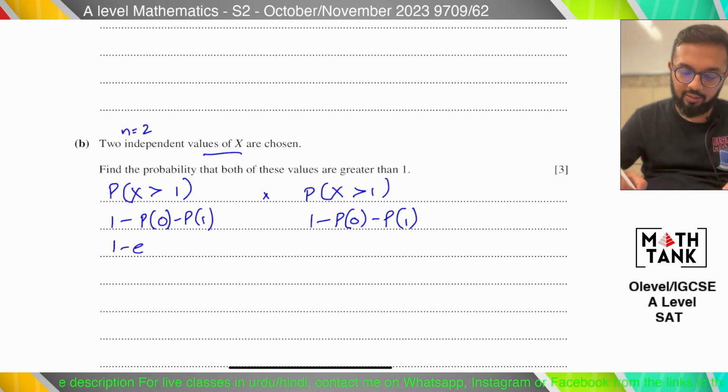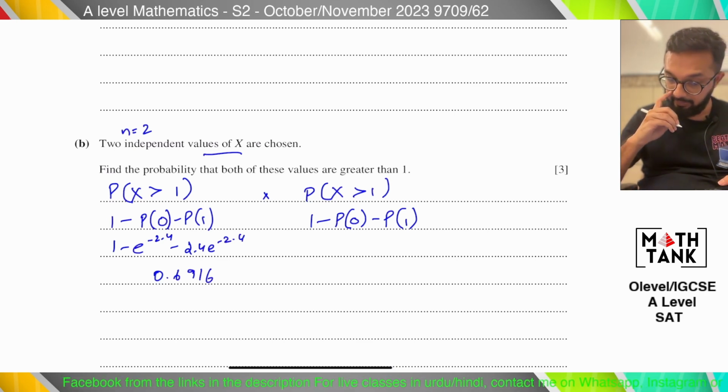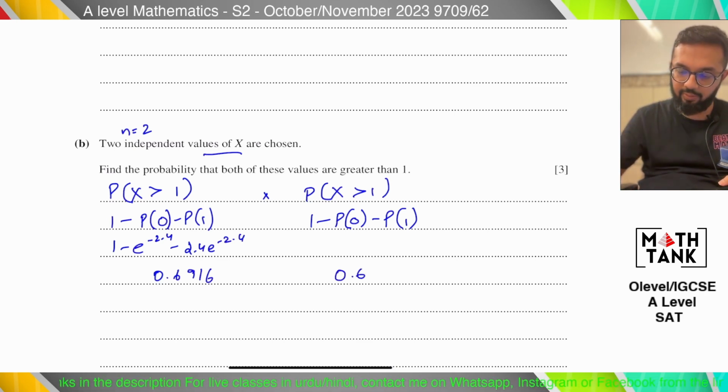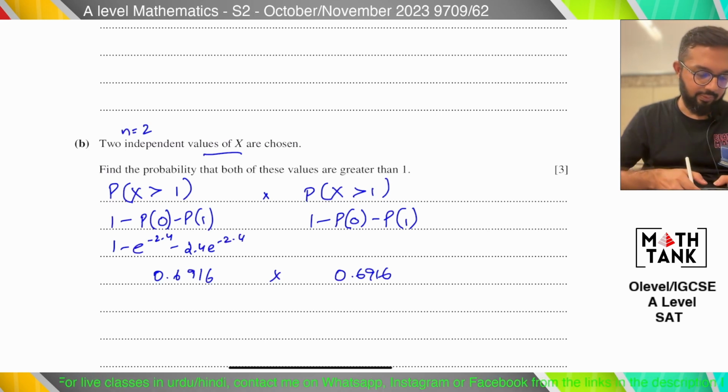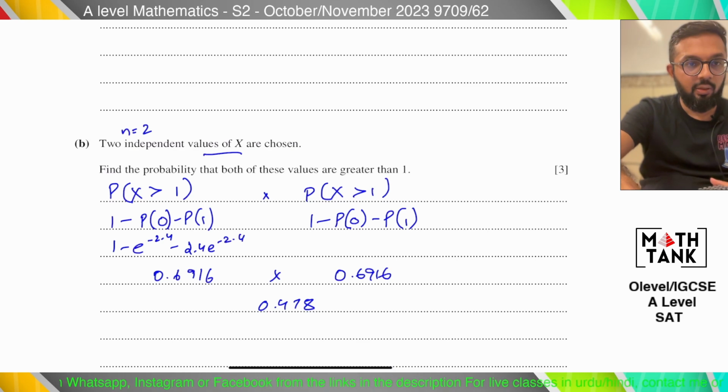So 1 minus e power minus 2.4 minus 2.4 e power minus 2.4 is 0.6916, and 0.6916 squared gives me 0.478. Yes, that is also the correct answer.